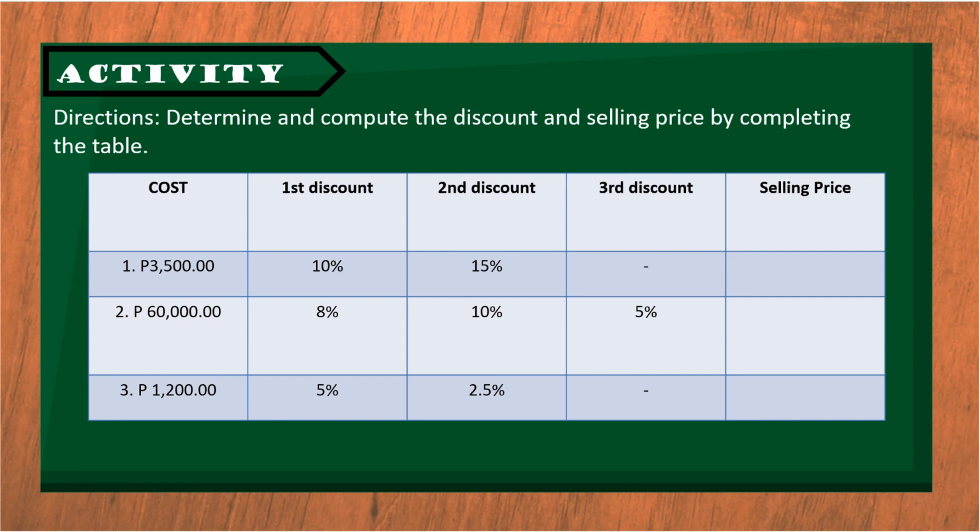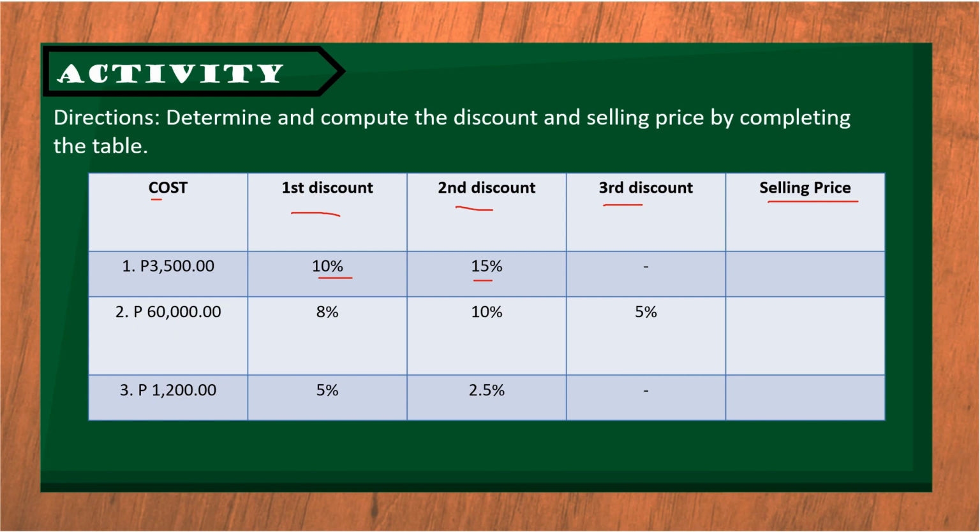First column is for the cost, second is the first discount, third is second discount, and the next column is the third discount. Then you'll find for the selling price. Problem number 1, 3,500 is the cost, first discount is 10%, second discount is 15%. Find for the selling price.